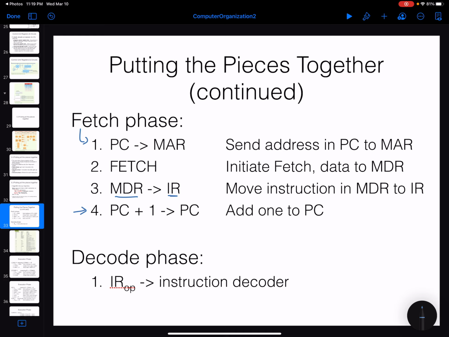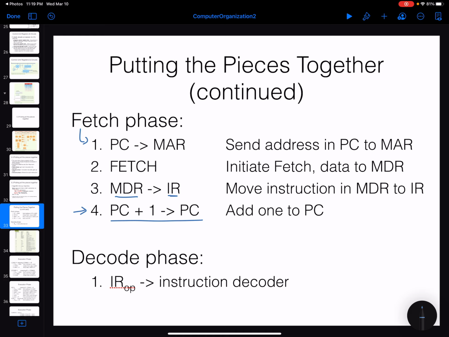Maybe the instruction that you are executing is going to be a branch instruction and jump to some other address. But that's okay, because we haven't executed the line yet. So later on, if it is a branching instruction, the PC will be updated. But we always update PC so that we are safe, even if it is not a branching.